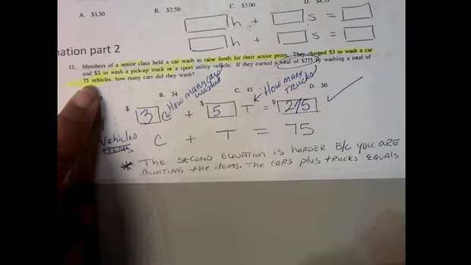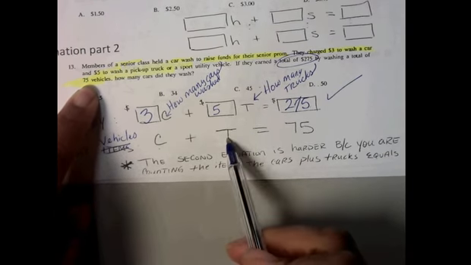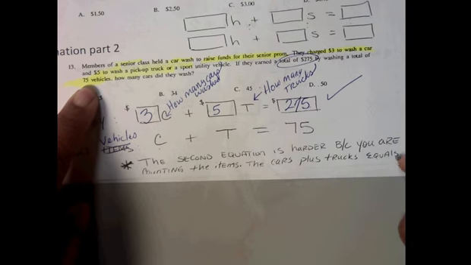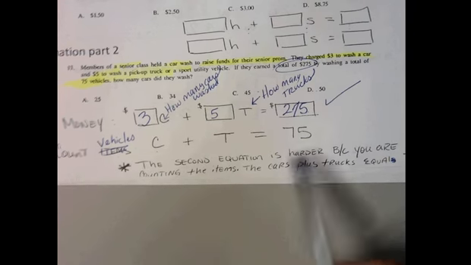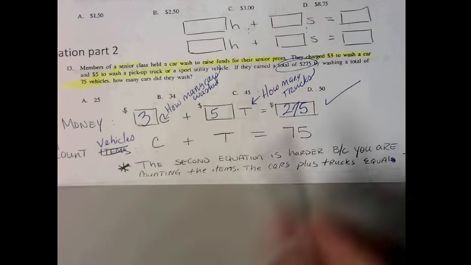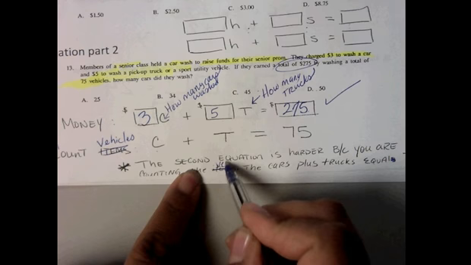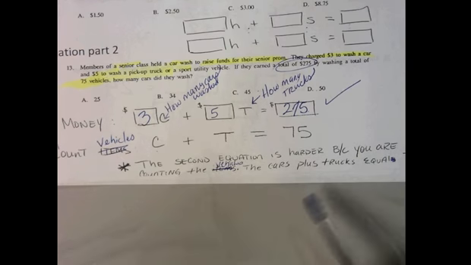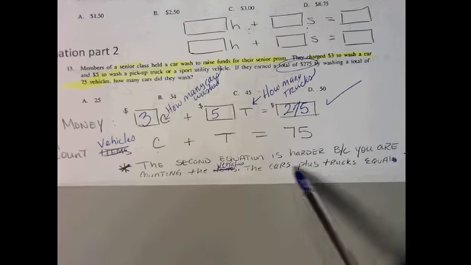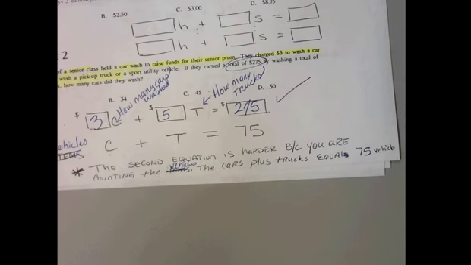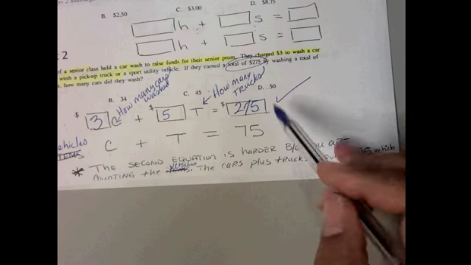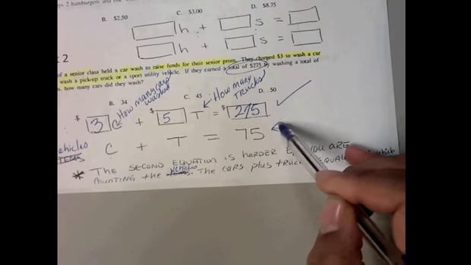Therefore, my cars plus my trucks will equal 75. The second equation is harder, because you are counting, let's change that to vehicles. Therefore, the cars plus the trucks will equal 75 vehicles. Again, this equation here is harder to find.